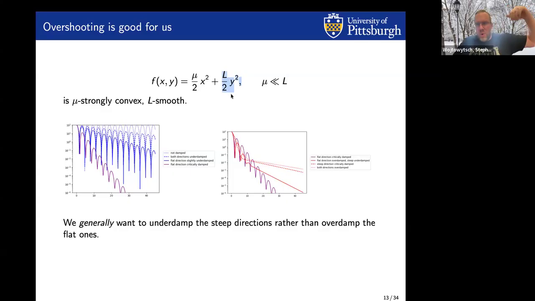We don't roll up on the wrong side of the valley, but our problem is always going to be making the direction in which we have little gradient information converge fast. And so basically we do overshoot, but that is generally a good thing for us. That is something that makes our optimization work faster.